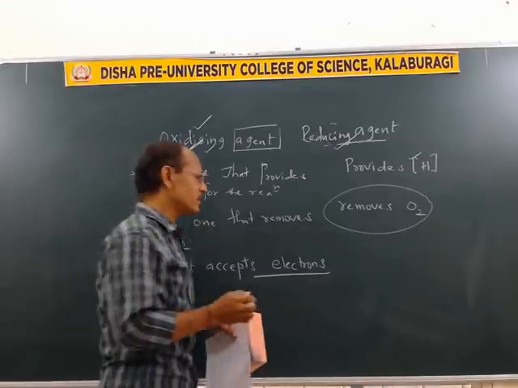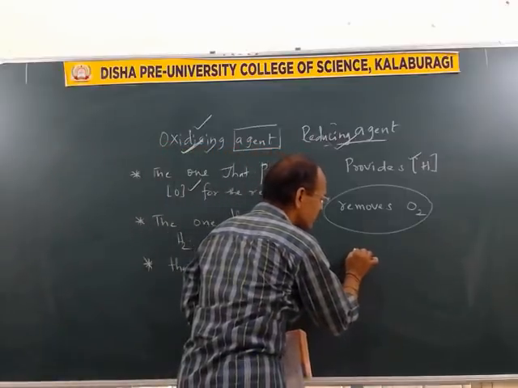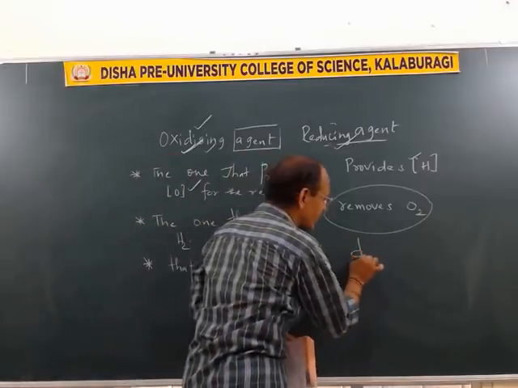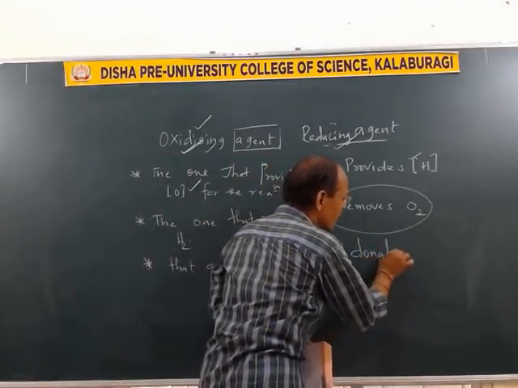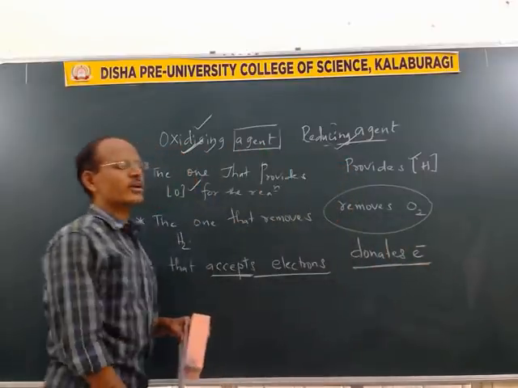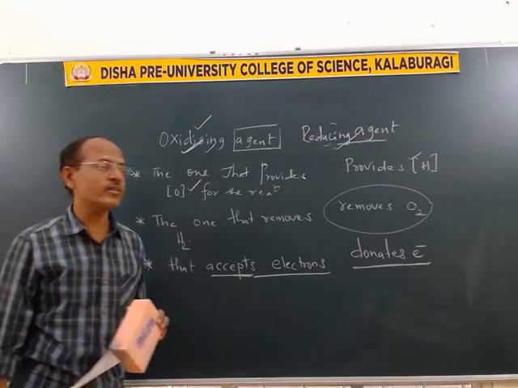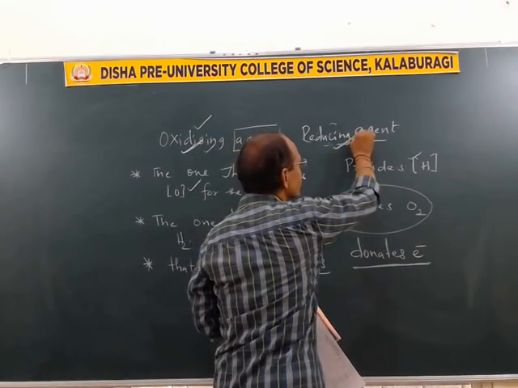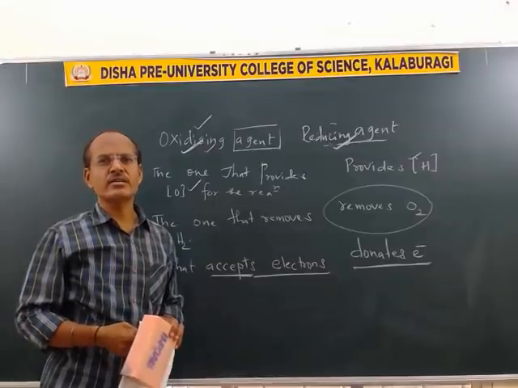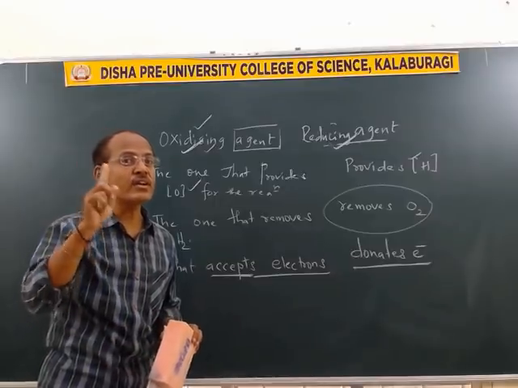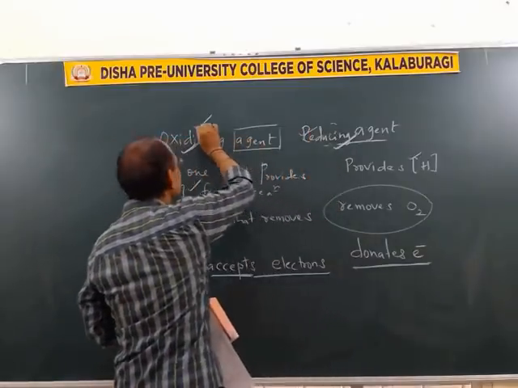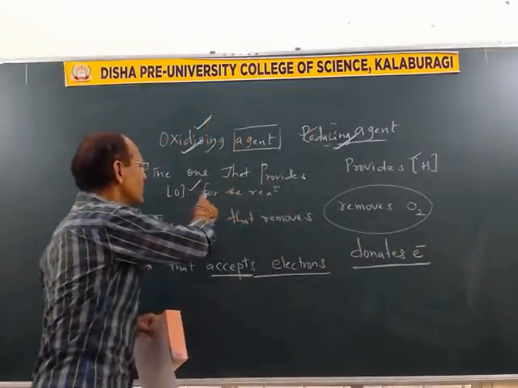Then the one that donates the electrons is a reducing agent. So these are the different definitions for reducing agent and oxidizing agent.